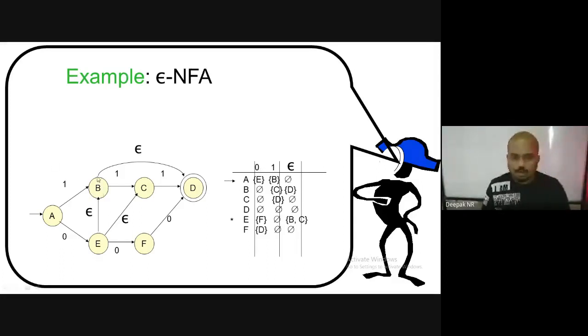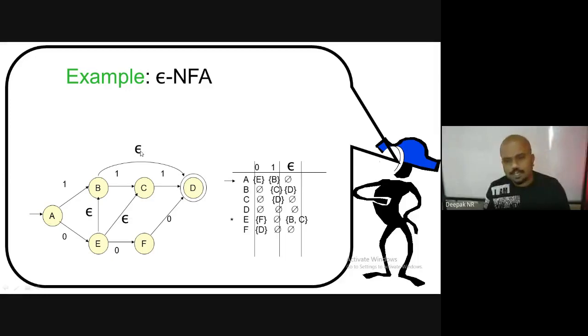Okay, now let me go with one more thing, guys. I'm in a state called B. I use 0. Where am I going? Nowhere, because B doesn't have any transition. Clear? For B, 0 doesn't have any transition. Again, I'm in a state called B. I have an input symbol 1. Where am I going? I'm going to a state called C. B upon 1, I'm going to state C. B upon an epsilon, where am I going?